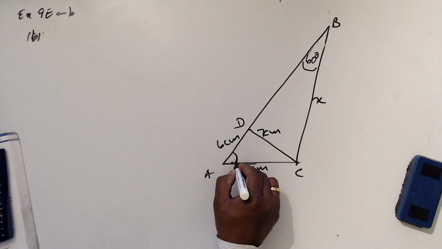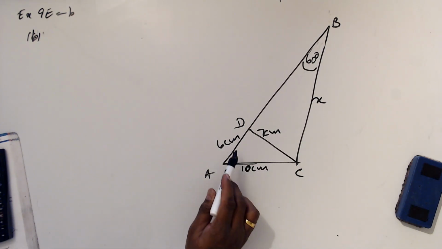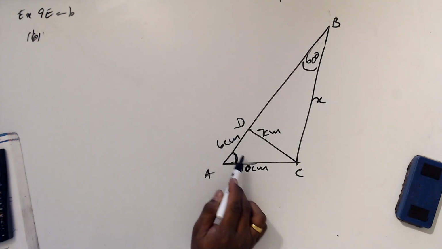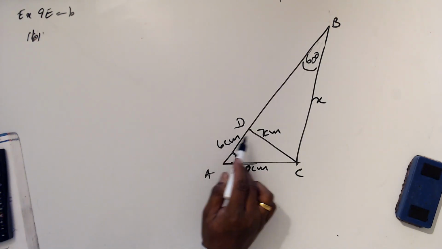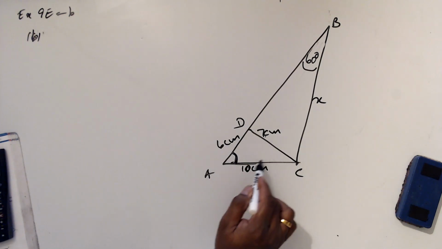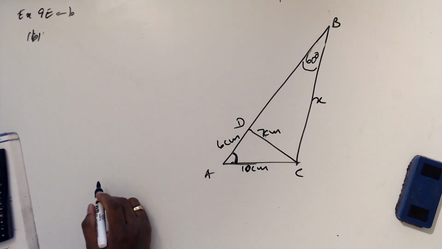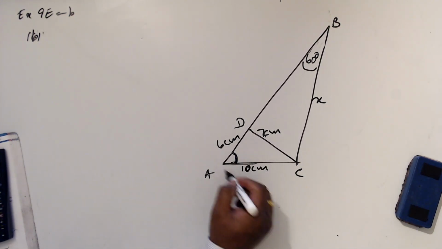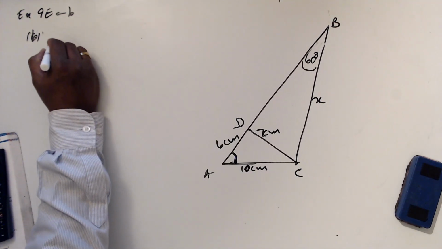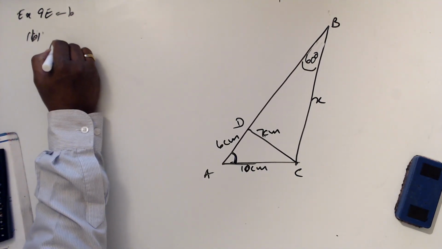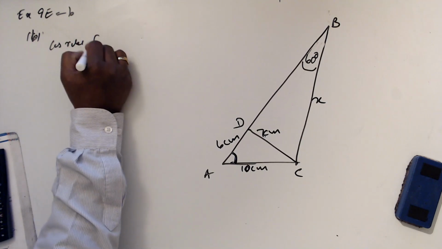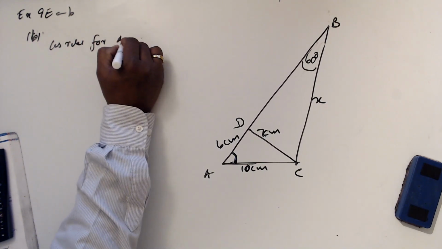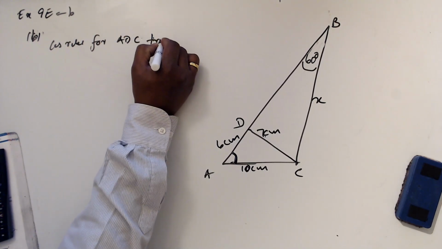Can I find this angle? Yes, I can find this angle because I know all three values of this small triangle. So we'll put the cos rule to this ADC triangle.